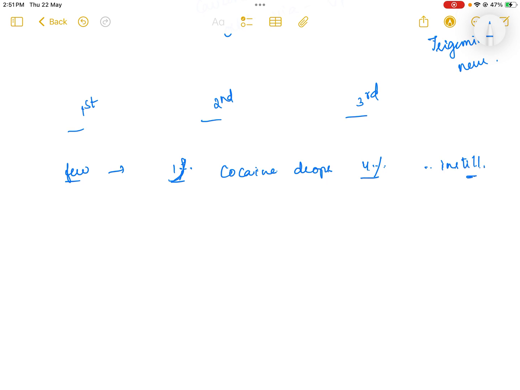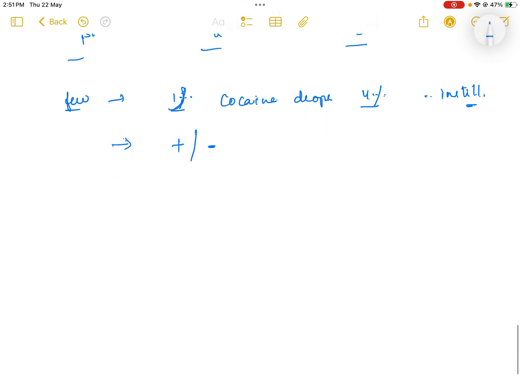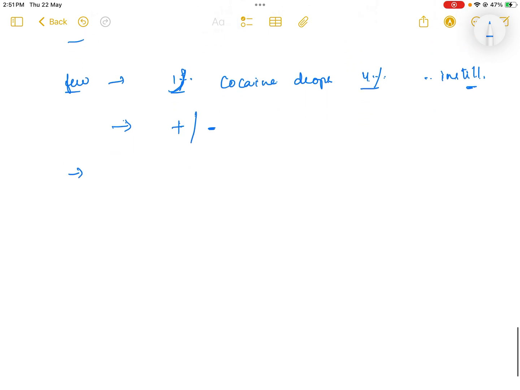So this says if the Horner syndrome is present or absent. What do we do? Cocaine drops, if we put over the cornea, if the Horner syndrome is present, then the pupil will not dilate.